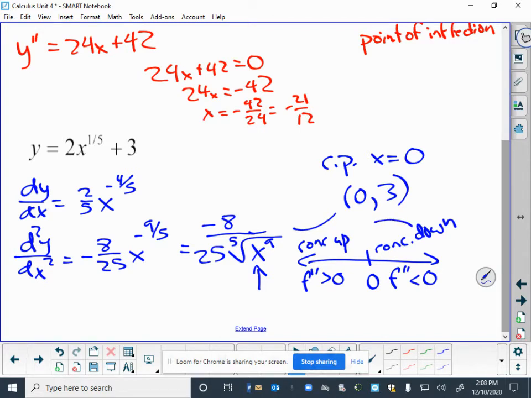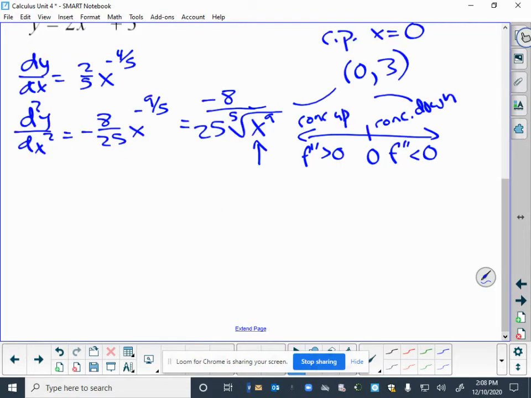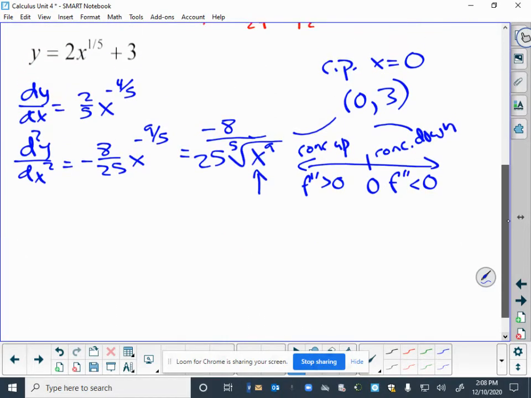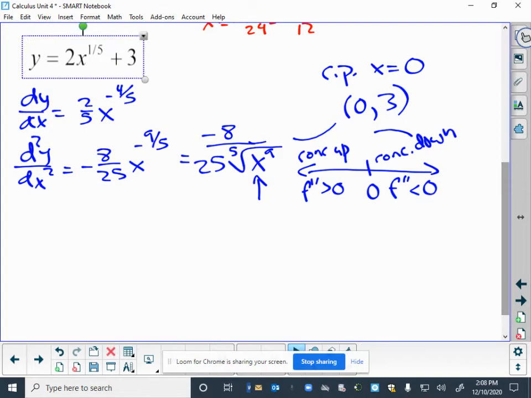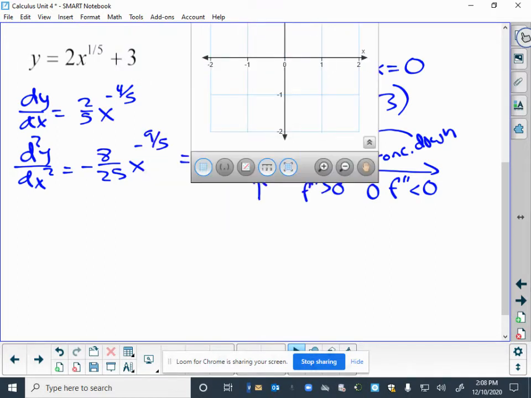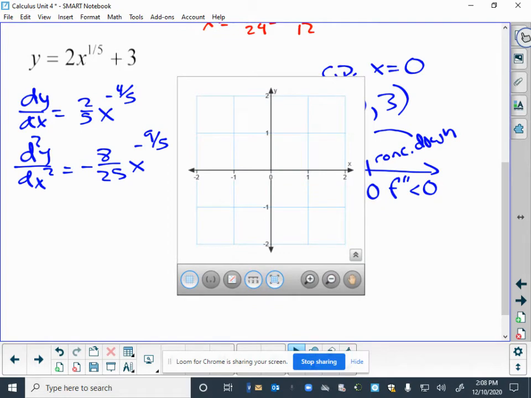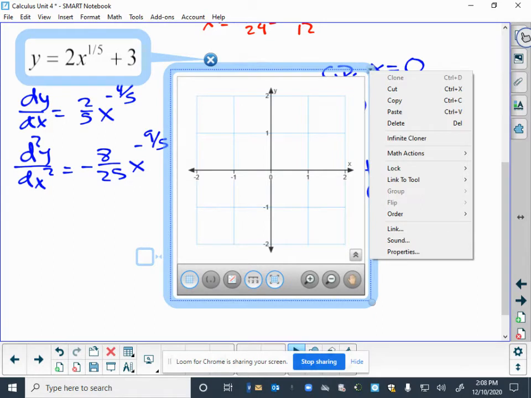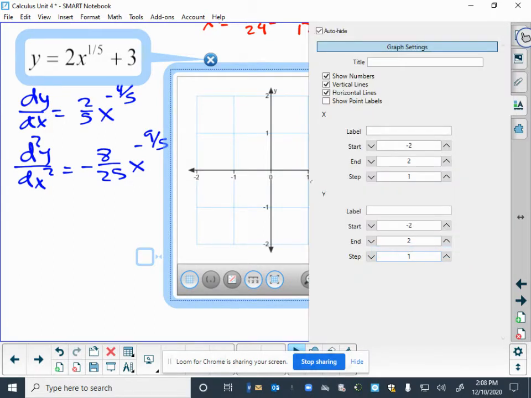And in fact, if we took a look at what this function looks like, I might even be able to have this just generate a graph for me. I have to change the properties on that because it's not showing enough of it. My x's, I'm going to start a little smaller x and go to a little bit bigger x, but mostly I need to end at a higher value up this way.